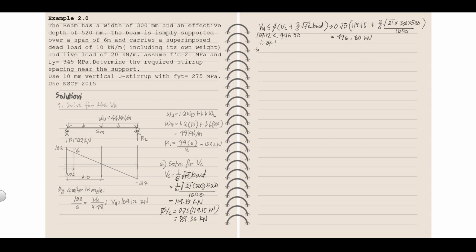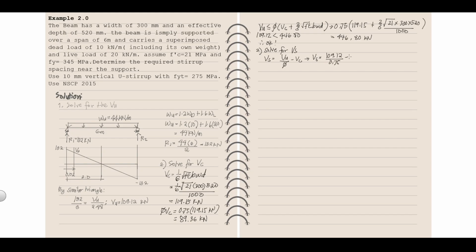So next is solve for VS. So, solve natin yung VS po natin. To solve that, from the equation, VS is equal to VU all over reduction factor minus VC. So, that is VS is equal to VU is 109.12 all over 0.75.